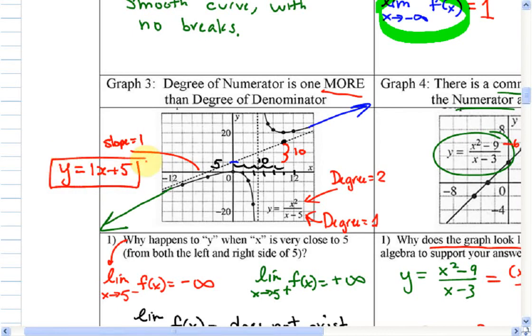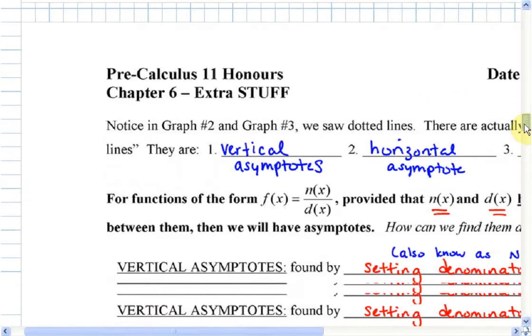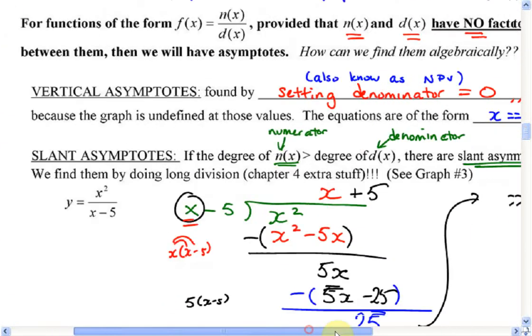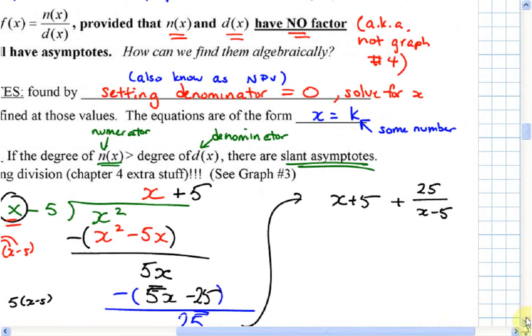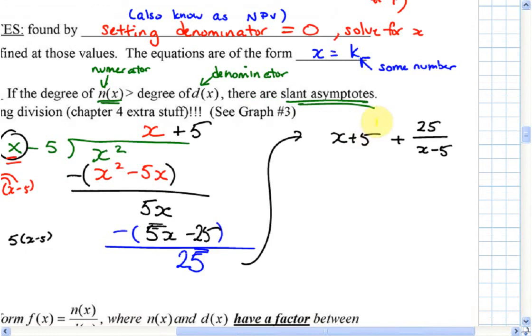Well, going back to page 3 now, where is this idea of 1x plus 5? It's right here. Okay? So we don't worry about this part.